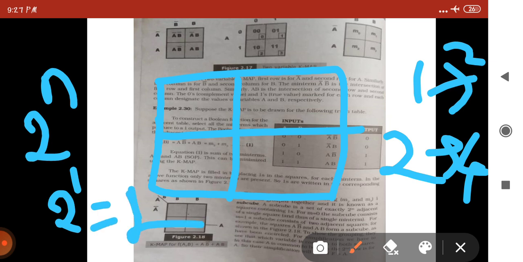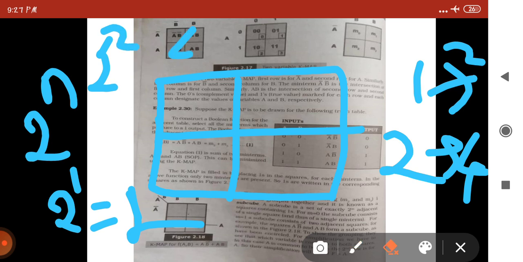One variable, two boxes. Two variables, four boxes. That is why they have given 2 raised to n, where n is the number of variables. 2 raised to 1 is 2 and 2 raised to 2 is 4.